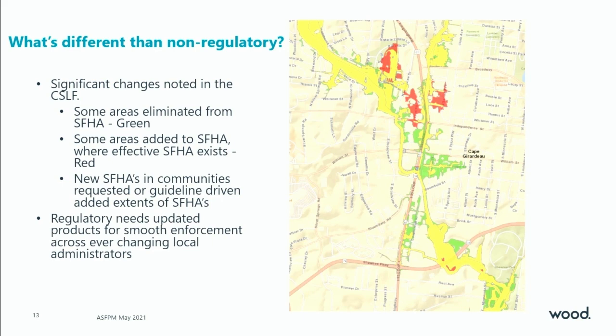But if they can get the flood risk data pushed through the regulatory process, then they're required by the NFIP program to enforce it, and they have that regulatory support. So that could be a key factor in terms of who would want and who would not really mind getting the regulatory products.